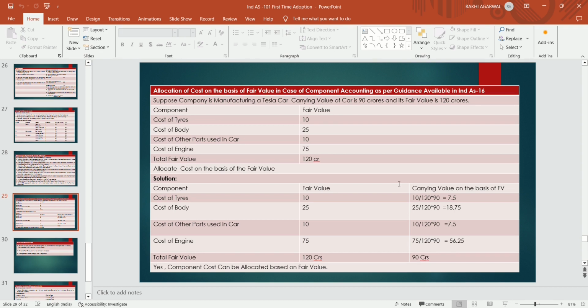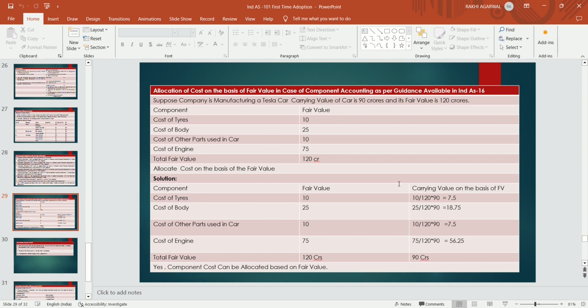Now the solution: component fair value and carrying value on the basis of fair value. Cost of tire is 10 crores. So 10 crore divided by 120 crore into the carrying value of the car, 90 crores, so the allocation of carrying value on the basis of fair value is 7.5 crore.